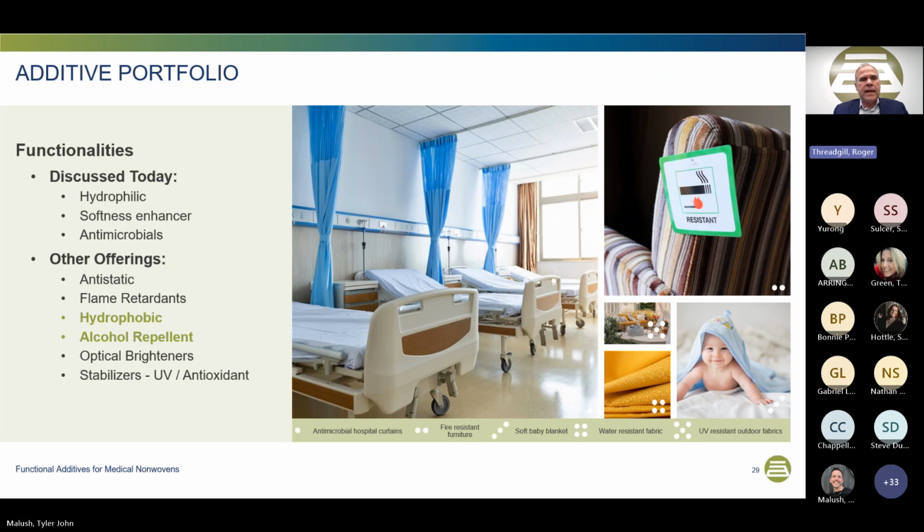We got a list of different additives here today and some other useful properties in the healthcare space that might be applicable will be something like a hydrophobic. It's kind of the opposite of hydrophilic. Also very similar in this area is alcohol repellent. Very useful in and of itself against alcohol in the medical space, but also functions as a really good surrogate for many low surface energy fluids like blood or other bodily fluids.